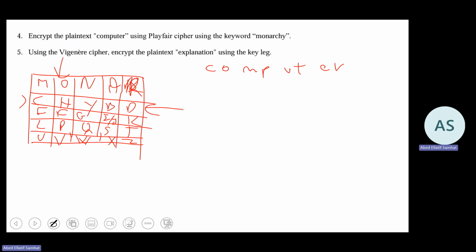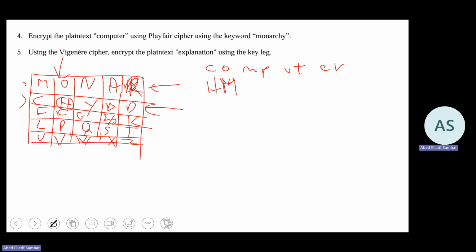The ciphertext of the plain text C will be H. For O, it will be the reverse: the same row for O, and C will give the column, and it will be M. So the encryption of CO is HM.